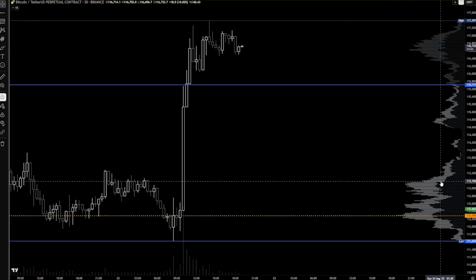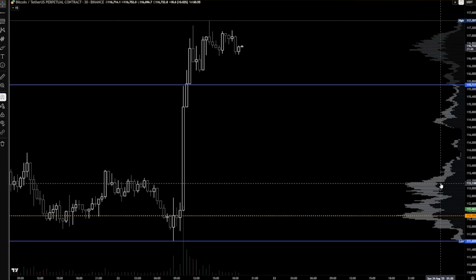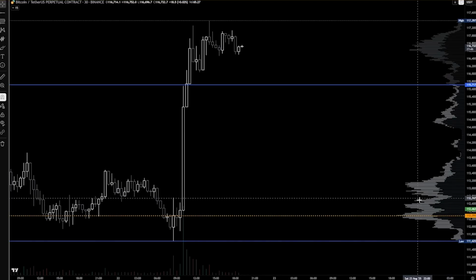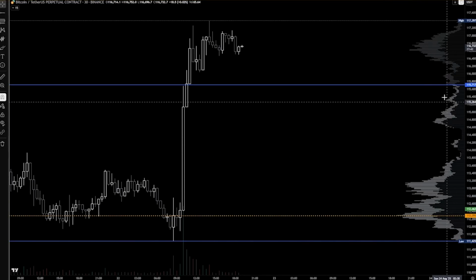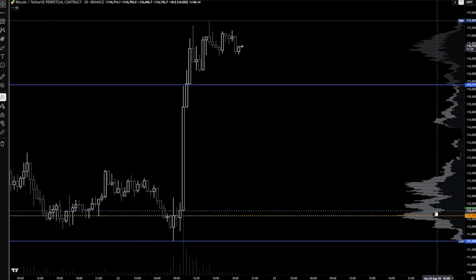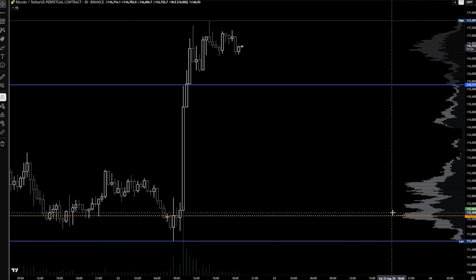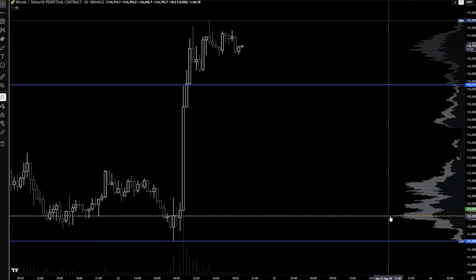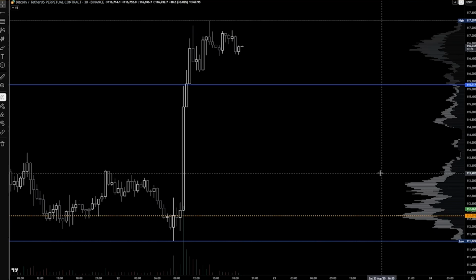The value area doesn't necessarily mean that it's the only place that you have a high volume node. It's 70% of the volume that has transacted in the daily session, centered loosely around where the point of control is. Point of control is the highest volume level of the session or of the range that we're calculating.